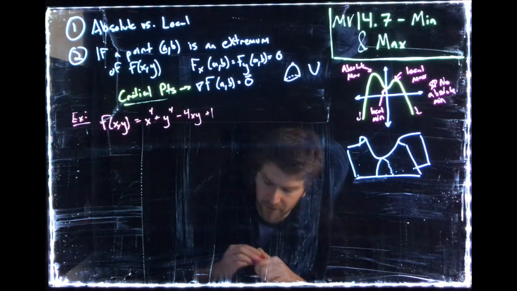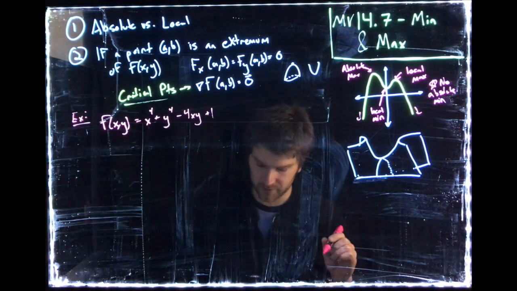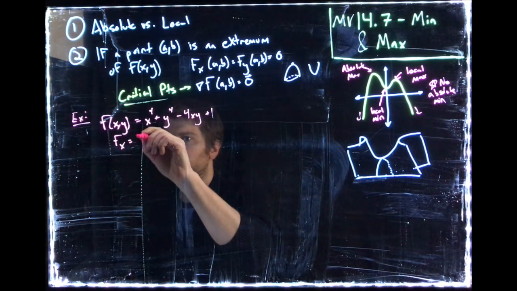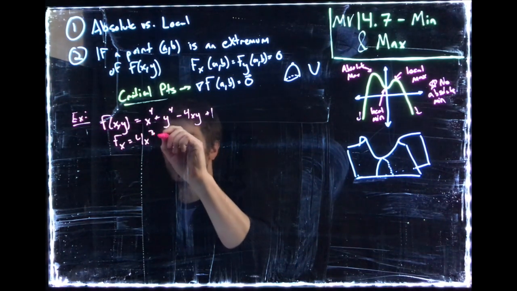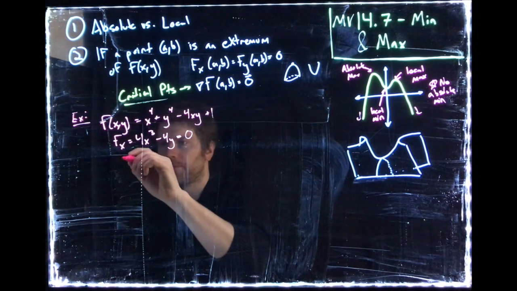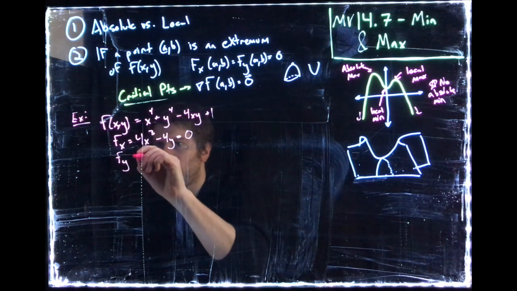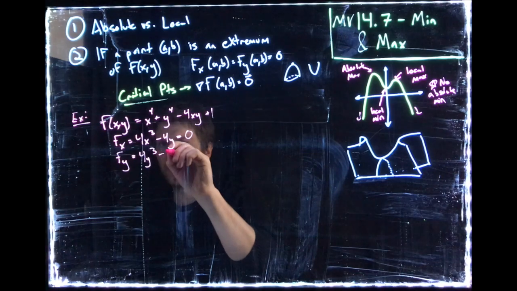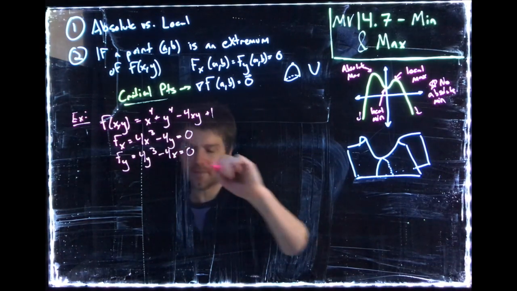All right, so let's see first if we can find all the critical points for this function. Well, if I take fx here, I'm going to get 4x cubed minus 4y, and I want that to be equal to 0. fy, I get 4y cubed minus 4x, and I want that to be equal to 0.